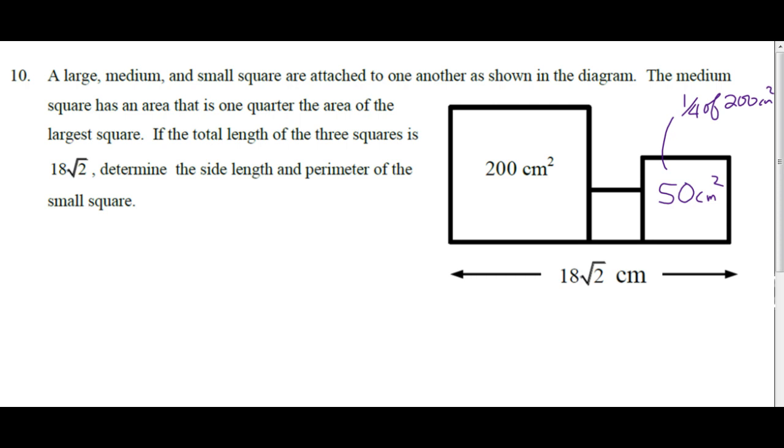If the total length of the 3 squares is 18 root 2, determine the side length and perimeter of the small square. What's the side length of this square? Just express it as an expression.